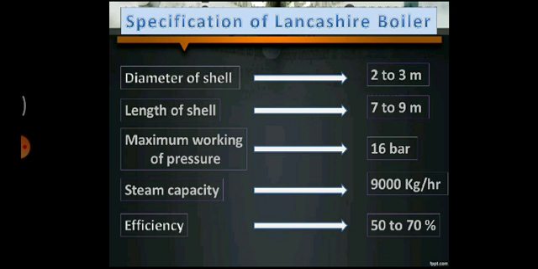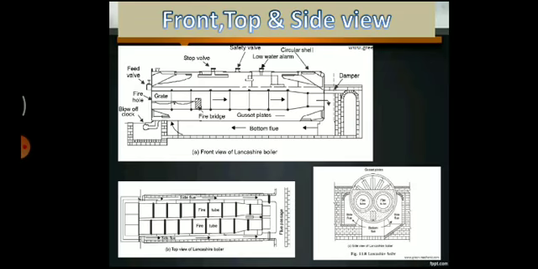Steam capacity is 9000 kg per hour. Efficiency is 50 to 70 percent. Next are the front view, top view, and side view.